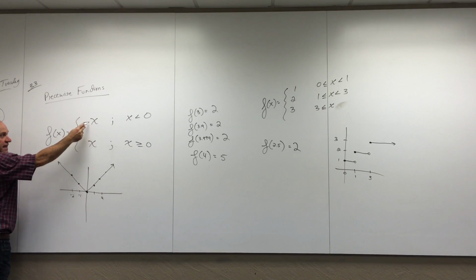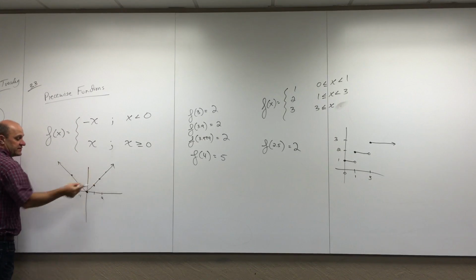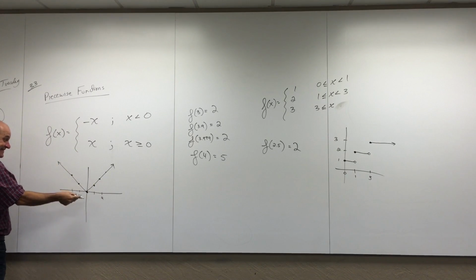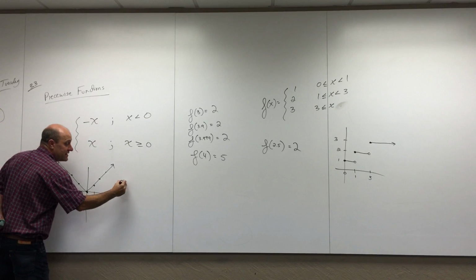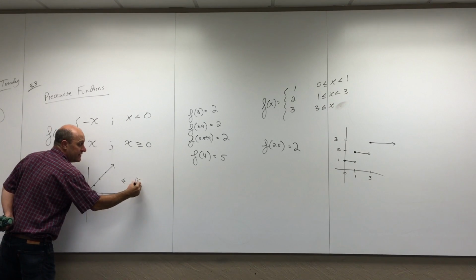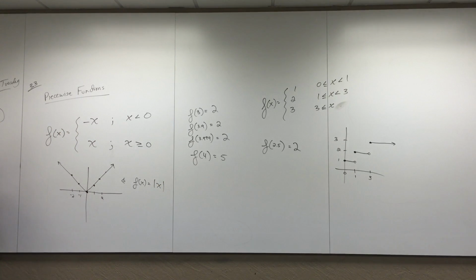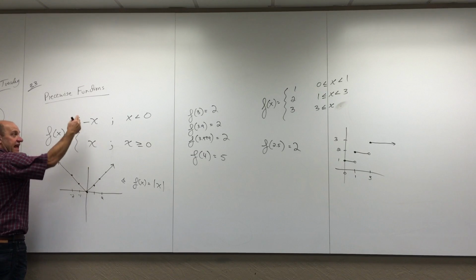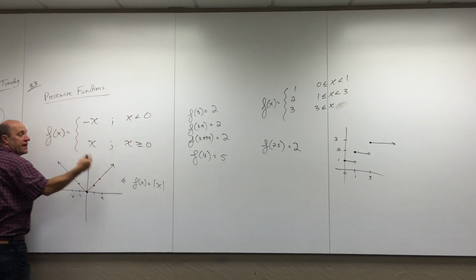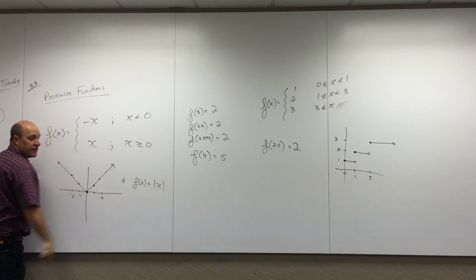This is a line with a negative slope. This is this line with a positive slope. You know what this is? I had this on the board a few minutes ago. This is my absolute value function, actually. My absolute value function is negative x when x is less than 0, and it's positive x when x is greater than 0.